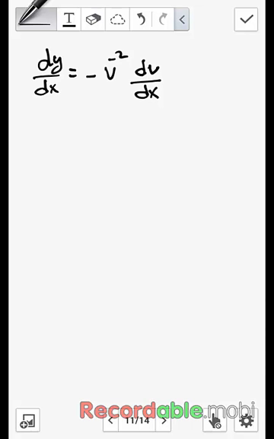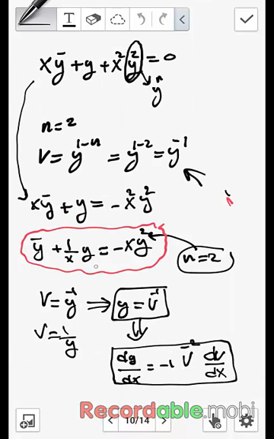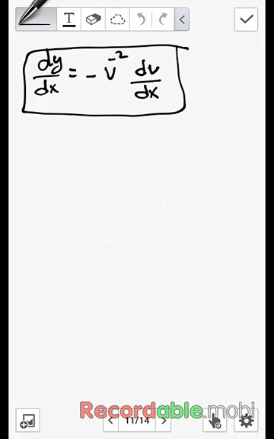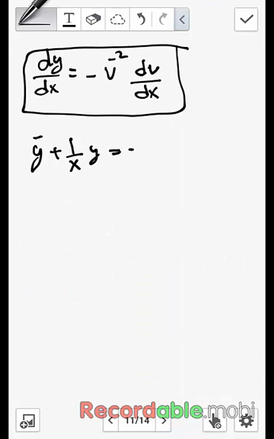Now we will substitute all these into our original equation, which is y prime plus 1 over x y equals minus x y squared.